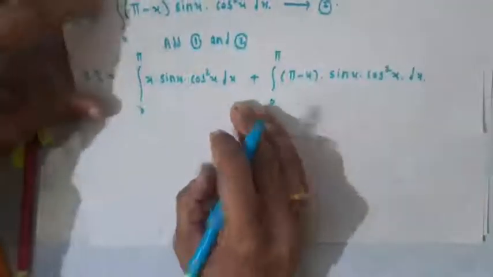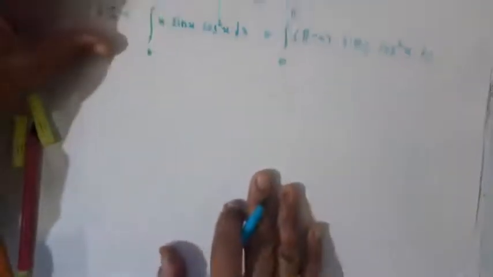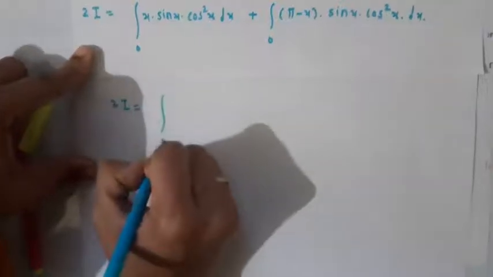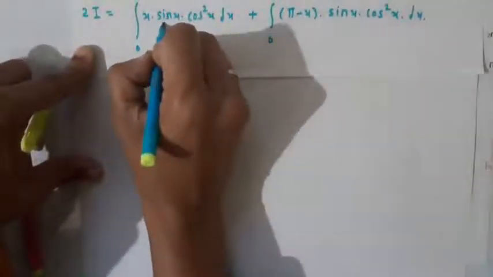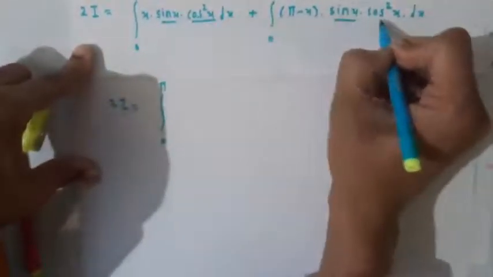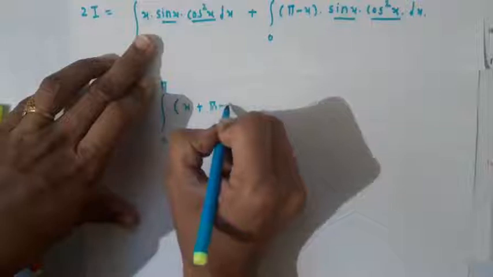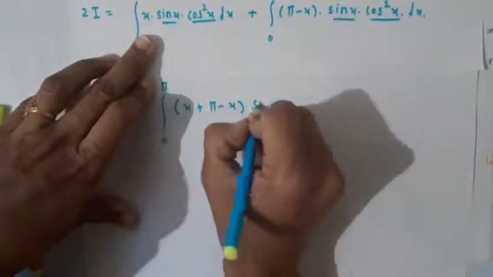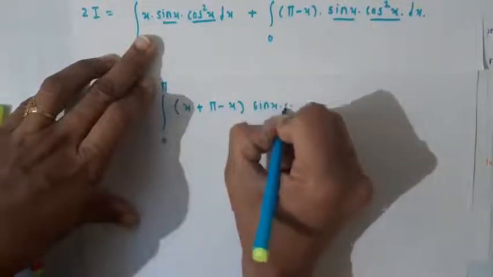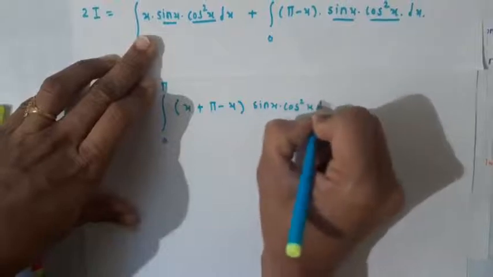So to add both integrations, here 2I equal to 0 to pi. So common out sin x cos square x, and in bracket that is x plus pi minus x, and sin x into cos square x is common for both.